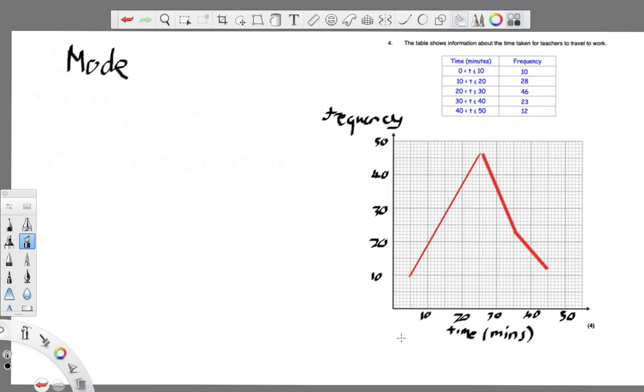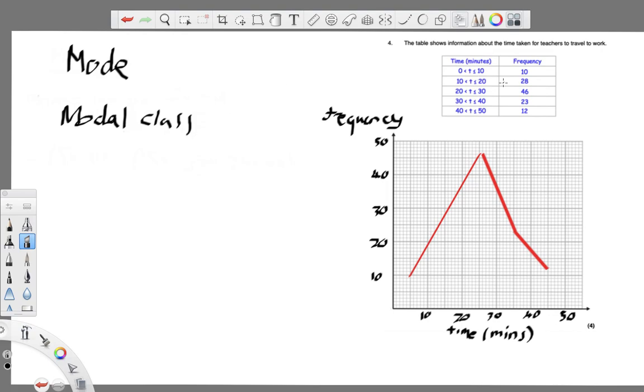The mode for this frequency polygon. So we recall that the mode, when we're dealing with class data, so class interval data, is the modal class. We're searching for the modal class. How do we find that? Well, for our histogram example, it was the class with the highest frequency. What class has the highest frequency here?